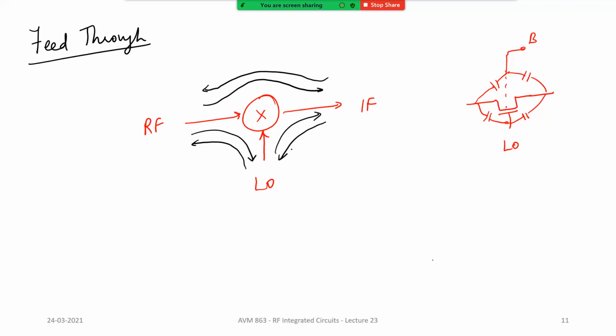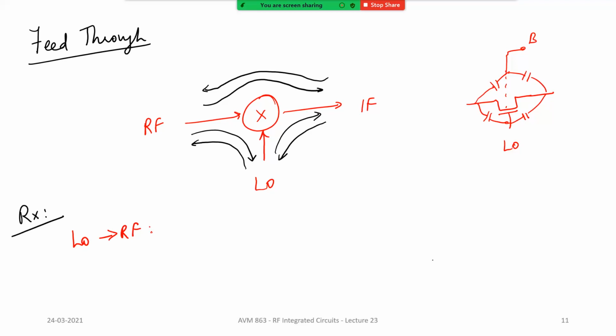Now what happens in the RX? If there is a LO to RF leakage, let's say the LO is leaking into RF, what will happen?